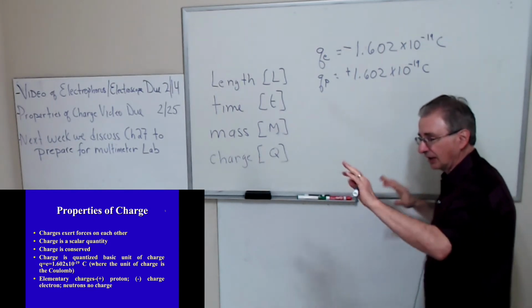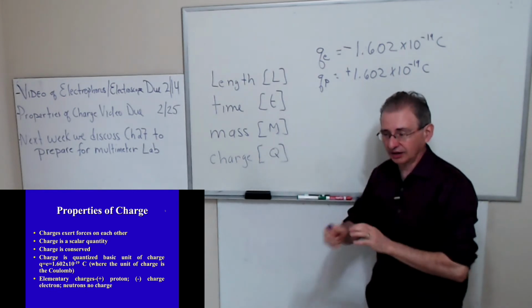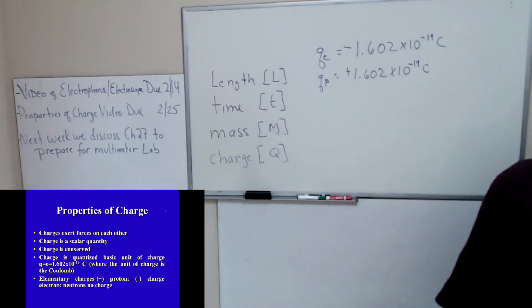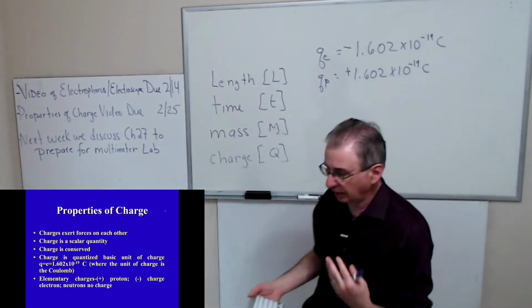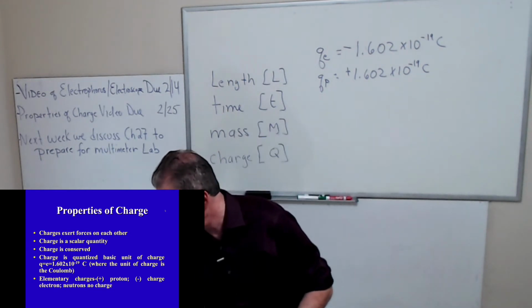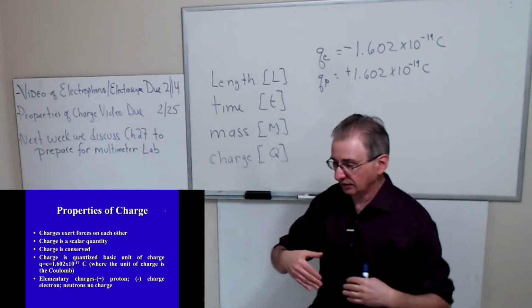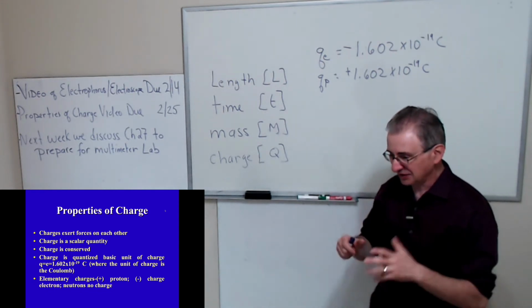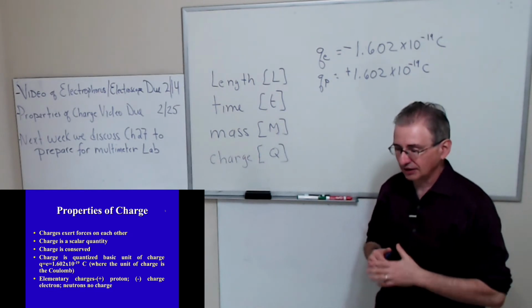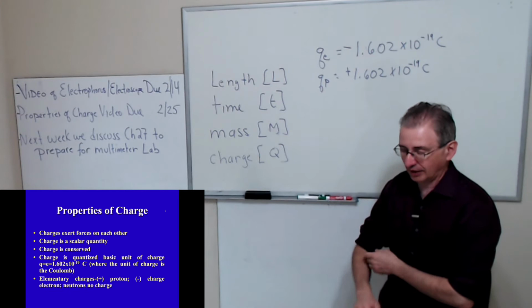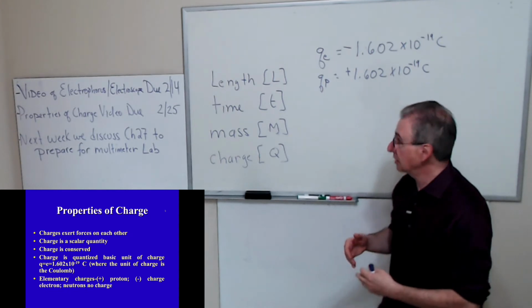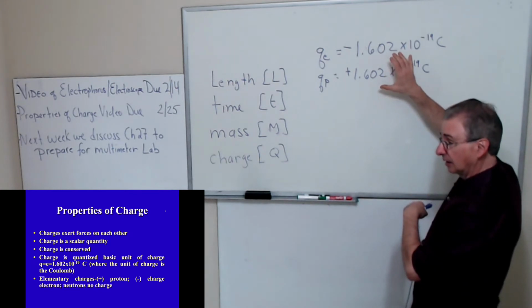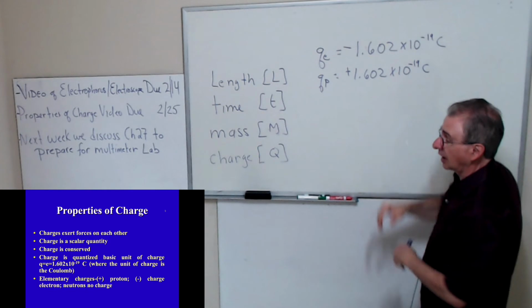Let's ignore the quarks for now. When you take a higher level course, then you'll deal with that. To deal with quarks, you have to go inside the proton, and you have to go inside the electron. So let's ignore the fact that we have quarks for now, and let's just say the basic unit of charge is this value, and this value, and all other charges are some sort of linear combinations of those two.